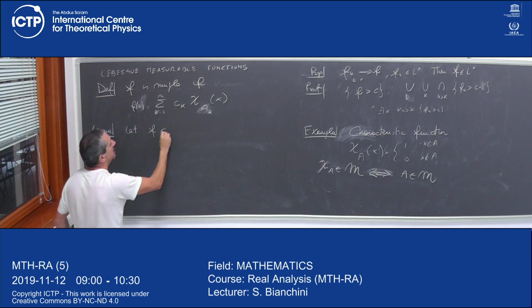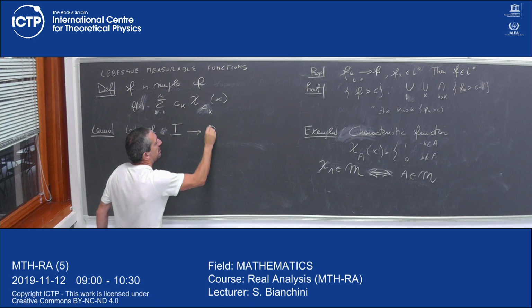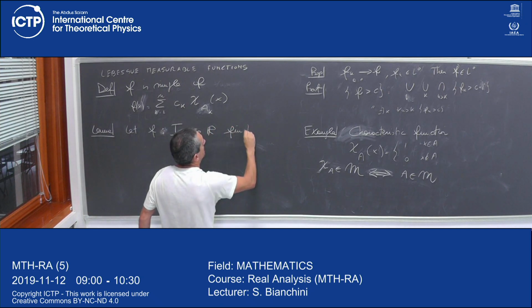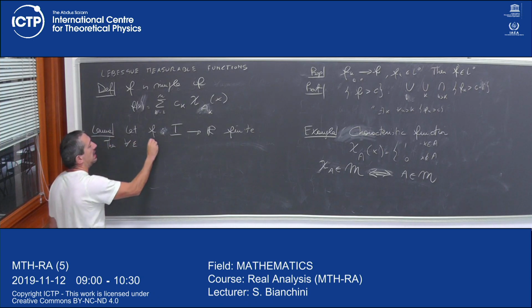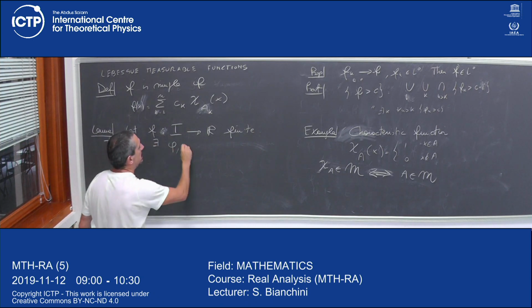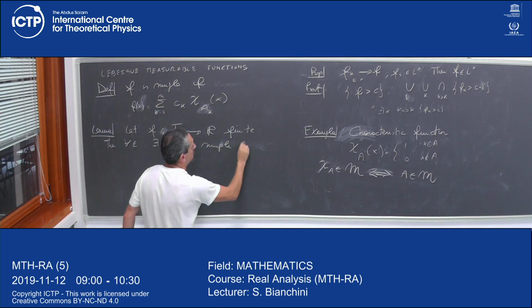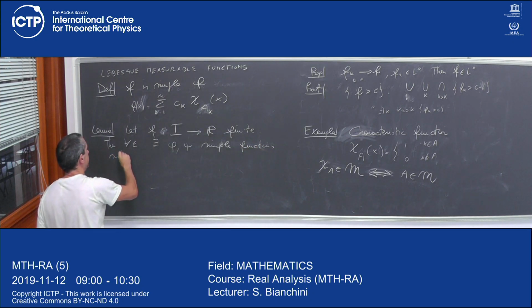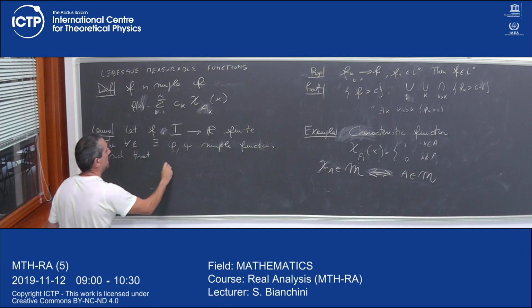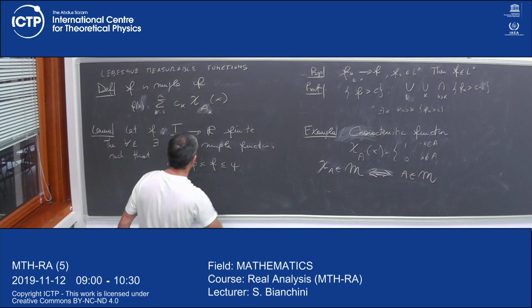Let f, let's do the simplest case, be from some interval into R, finite. Then, for all epsilon, there exist phi, psi simple functions such that the first property is that phi is less or equal than f less or equal than psi.